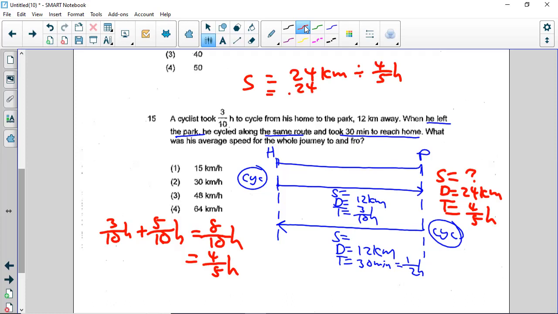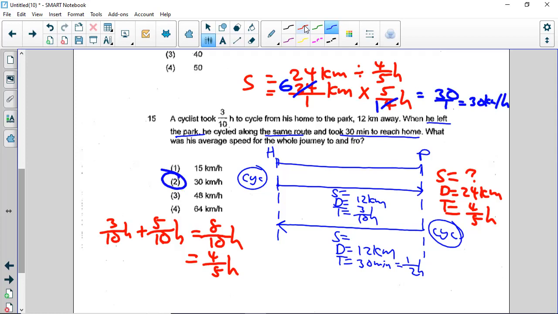Change the number into a fraction, keep the first number, change the divide to times, and then flip the fraction upside down, and then you cancel. Divide by 4, you get 1, and 24 divided by 4, you get 6. Then 6 times 5 gives you 30, and 1 times 1 is 1. So you will get 30 kilometers per hour, which is the average speed for the whole journey.